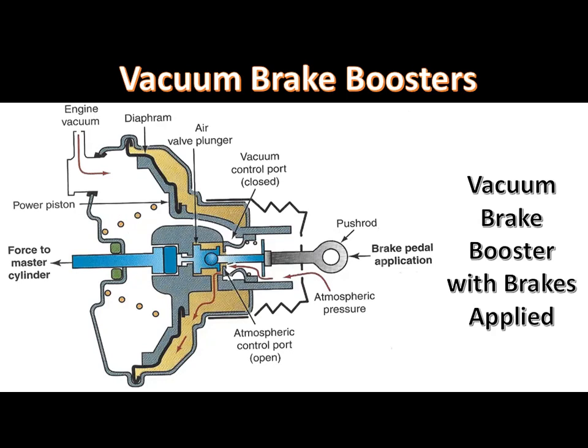Because manifold vacuum is supplied to the front side of the diaphragm and atmospheric pressure is provided on the rear side, the diaphragm is moved toward the master cylinder with considerable force. This is the apply mode. Under this condition, the diaphragm moves the push rod and supplies force to the master cylinder pistons to provide brake assist.